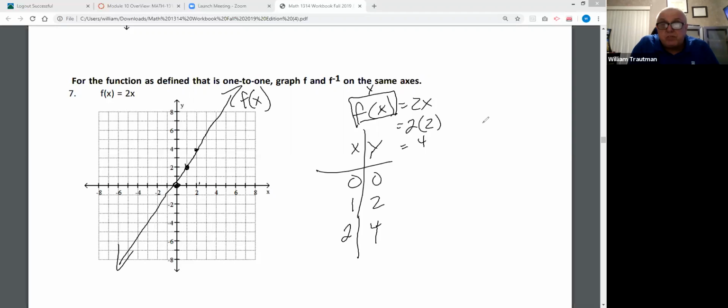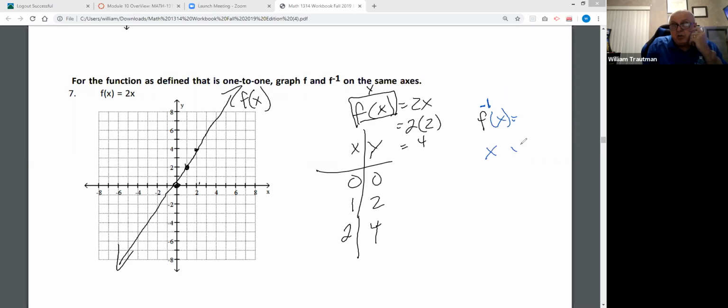I now have to draw its inverse, and I'm going to draw it in, if it lets me, blue. Remember, we annotate an inverse by putting a -1 power on the f.